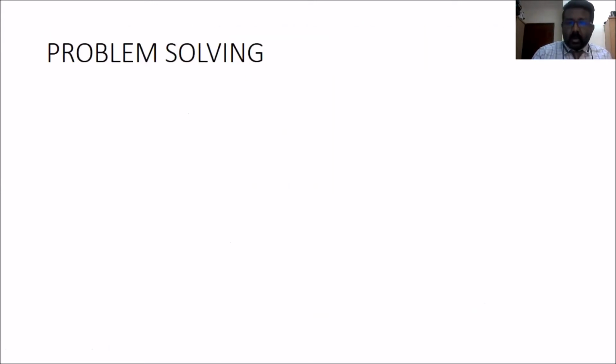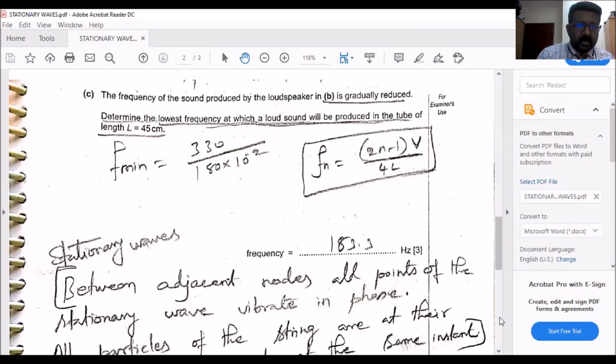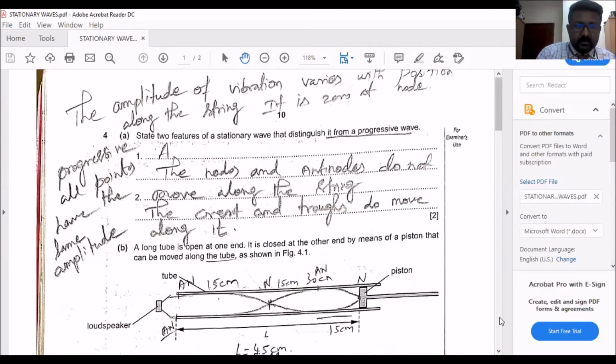Now we have problem solving. I will share you a PDF, and it is a past paper question. You can see from the document, state two features of a stationary wave that distinguish it from a progressive wave.